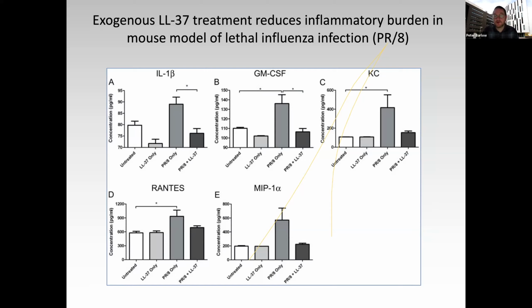But when the mice were treated with PR8 and LL-37, the LL-37 was able to ameliorate or reduce the inflammatory burden in those mice. So that might help to explain why a greater proportion of mice survived when they were treated with LL-37.